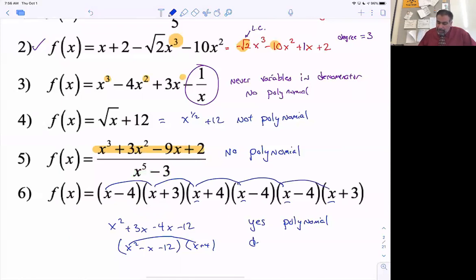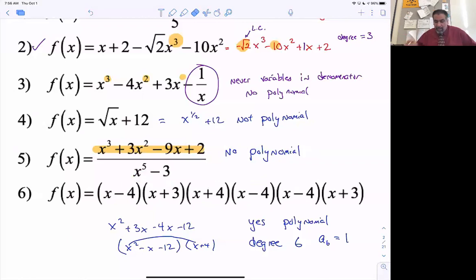So I can predict that the degree of this one is 6, and I can predict the leading coefficient will be this one times this one. There are ones being multiplied every time. So I even know that a sub 6, which in this case would be the leading coefficient, would be 1, okay? This guy is a polynomial. He just is all factored out. Once you expand all this, we would have a polynomial.